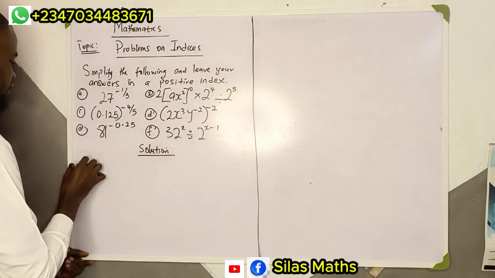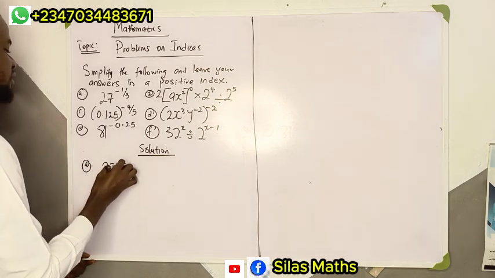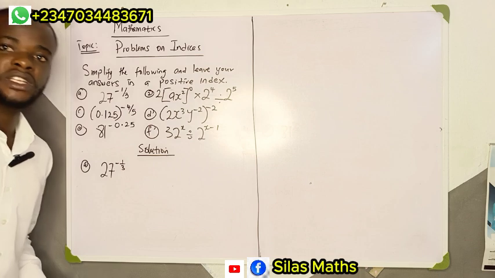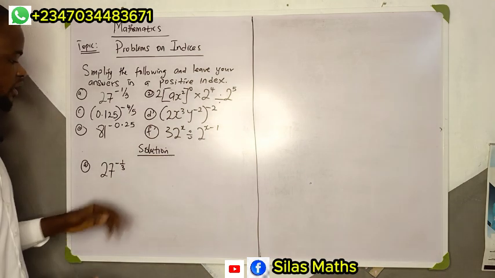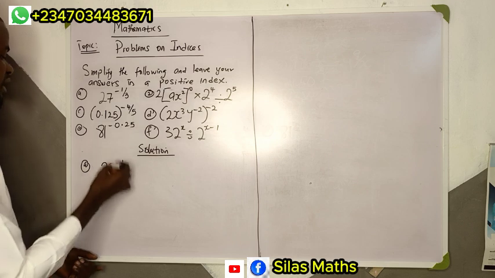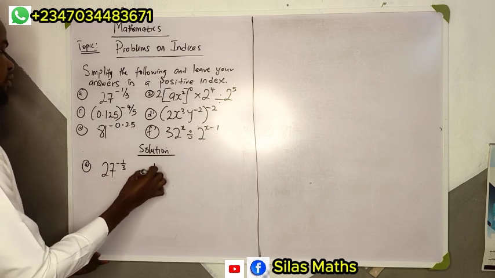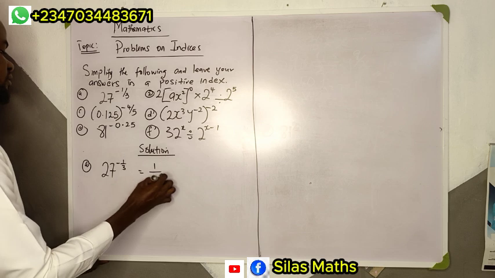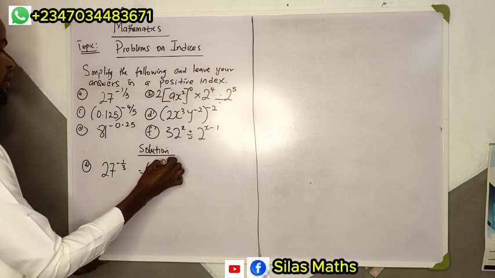So I have 27 to the power of negative 1 over 3. Remember, whenever we have a negative power, this will give us 1 over 27 to the power of 1 over 3.